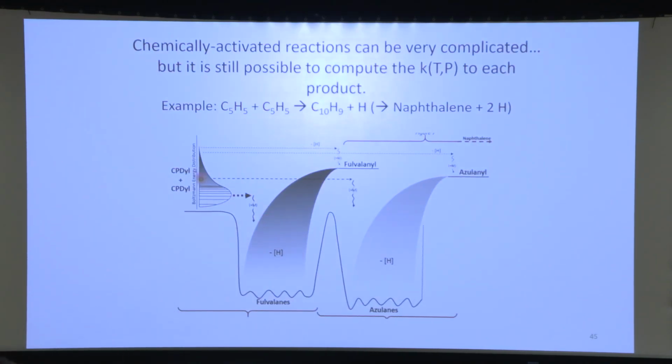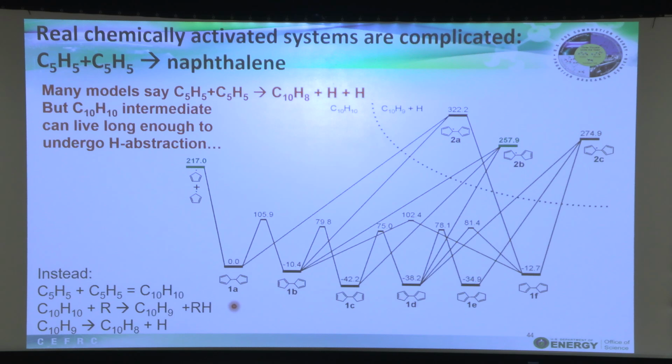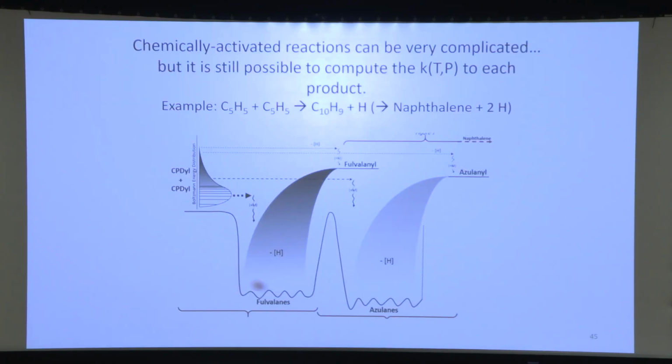So here's the Boltzmann population of these 2 C5s coming together. They form those things I showed you here. These are called fulvalenes, and they can kick out an H to form fulvalenyls. But actually, there's another isomerization barrier where they can form a different kind of functional group called azulanes, which is bicyclic.